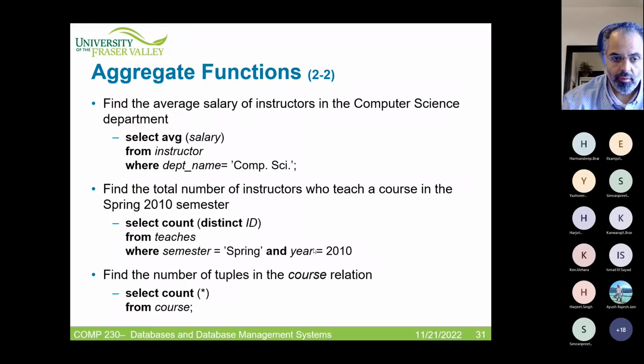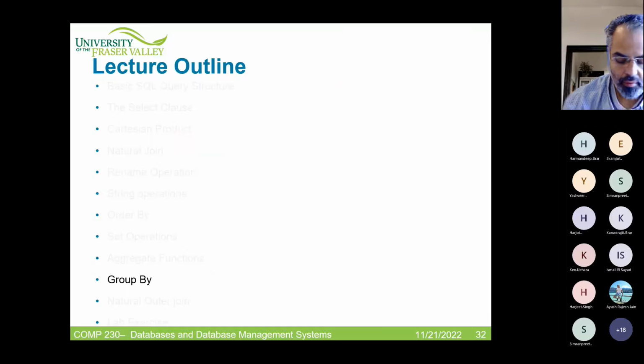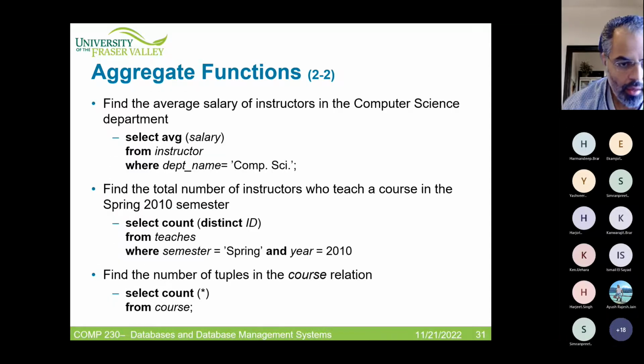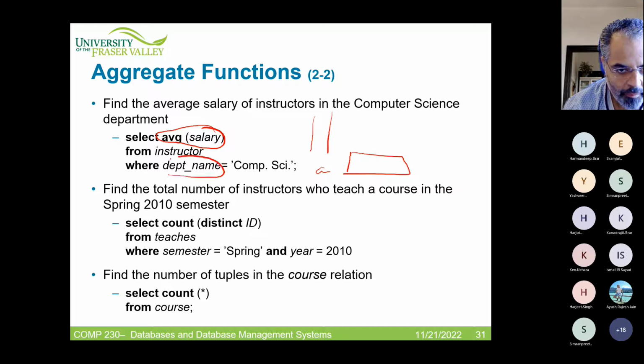And we can use it here, like select average salary, and apart from that, select from where. In this case, I will get only one value, which is the average salary for all the tuples that satisfy this condition. Here I use count distinct, so I will not consider duplication.